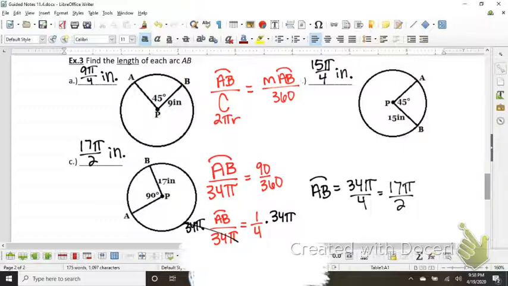So I was able to simplify that fraction before I multiplied both sides by 34 pi. So I multiplied both sides by 34 pi, came over here, and then I was able to reduce that fraction to get my answer. So if you did not get the correct answer, hopefully you see what went wrong and you are able to fix it.